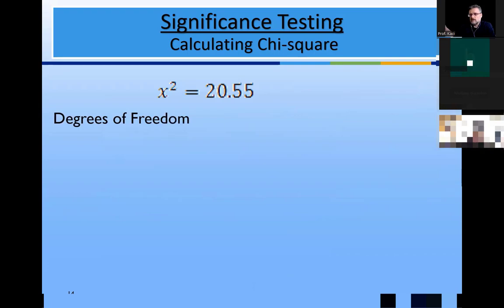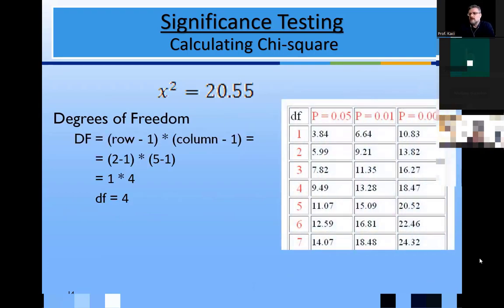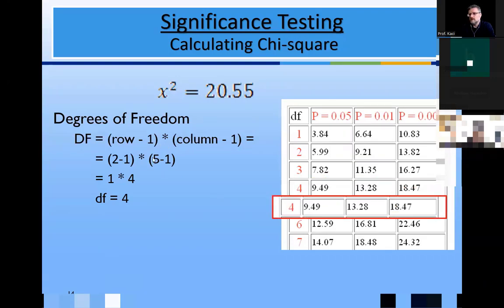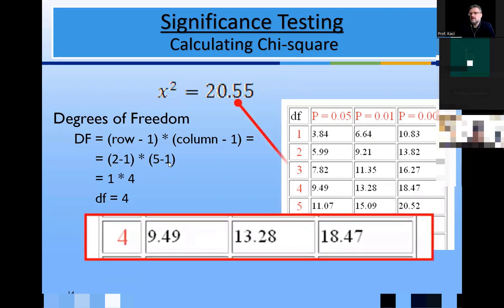So you look at also the degrees of freedom, and the degrees of freedom is the number of rows minus 1 times the number of columns minus 1. We had 2 rows, minus 1 is 1, 5 columns, minus 1, 4, so degrees of freedom is 4.